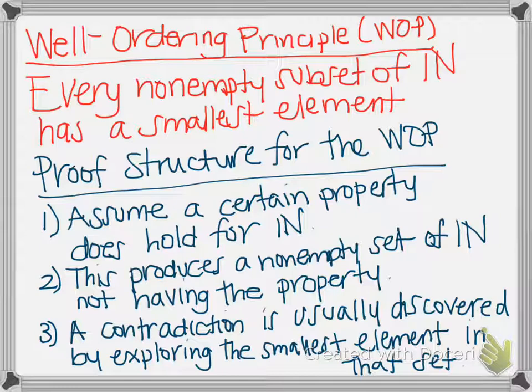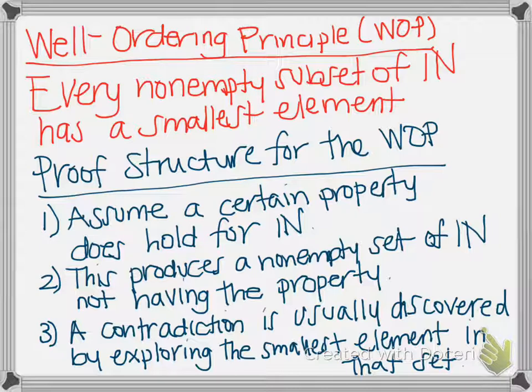There's generally a structure, not as formal as if-then conditions or quantifiers, but there's usually a general approach to using the well ordering principle in a proof. When you're talking about natural numbers, you usually deal with induction, or now we can use the well ordering principle.